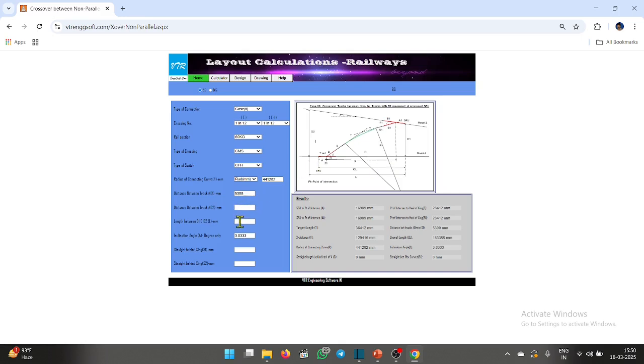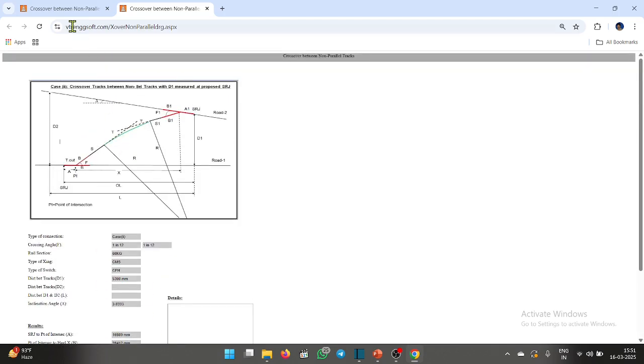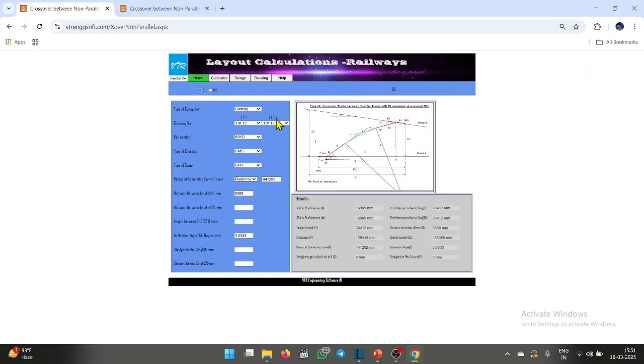If you substitute all values, it will automatically work out the inclination angle and find all required parameters. Okay, this is another way. It will give all details whatever you want. This is something about the non-parallel track types.